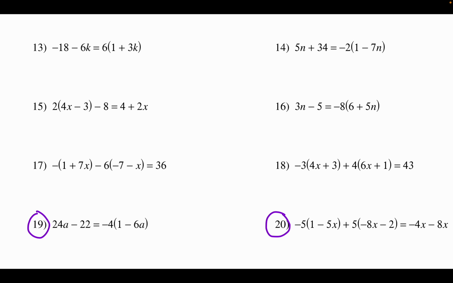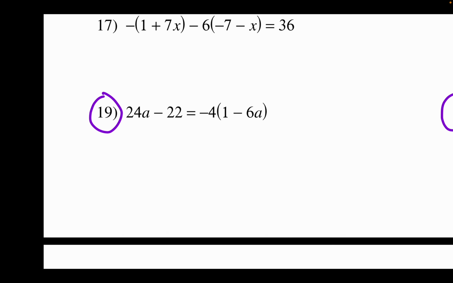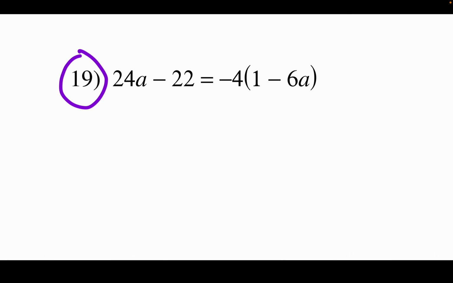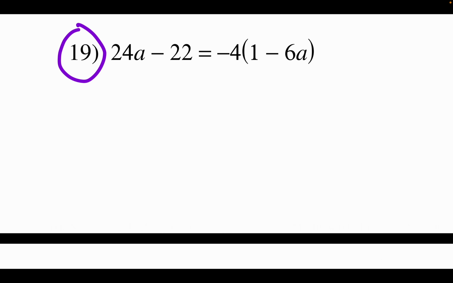Our next example is number 19. So again, first thing we're going to do is distribute and get rid of those grouping symbols. So we have negative 4 times negative 6 is a positive 24a.